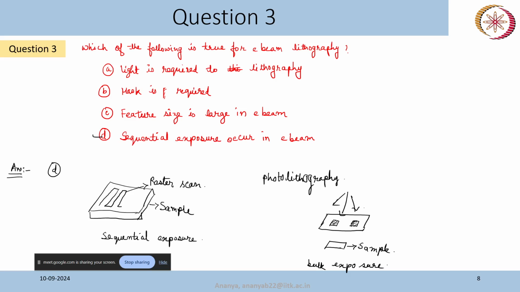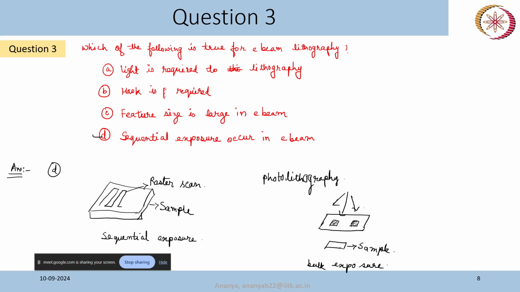In our lab also we can do a 2 inch diameter exposure. But in case of e-beam lithography, your overall lithography speed will be very low, because you do sequential exposure. So this is very time consuming.